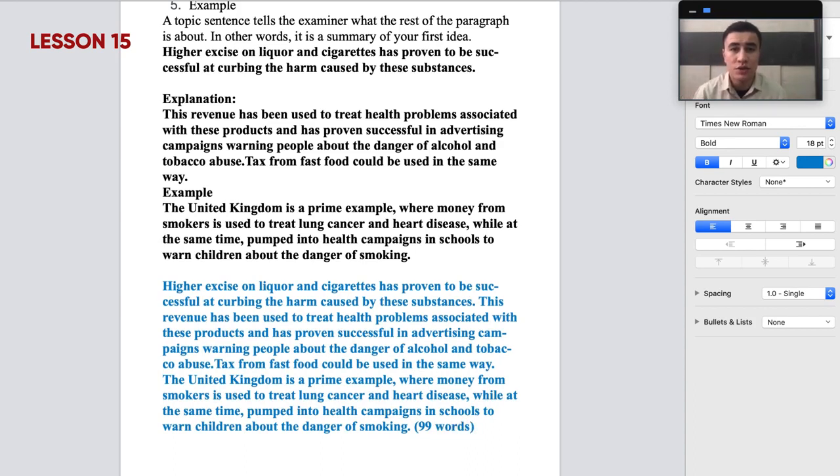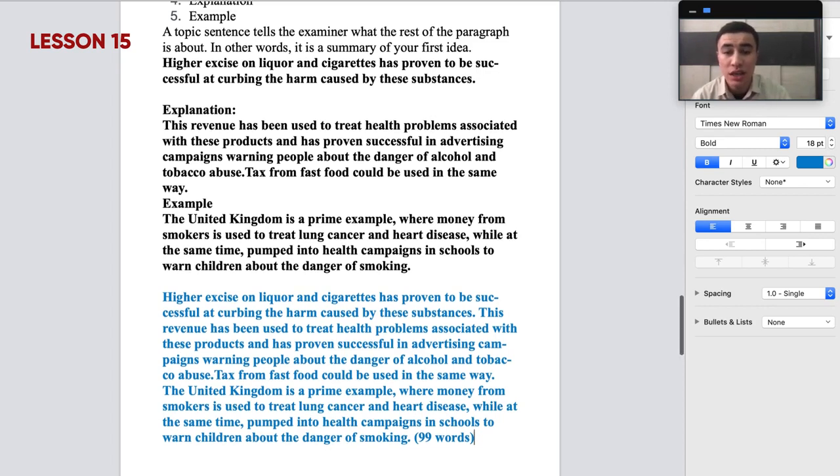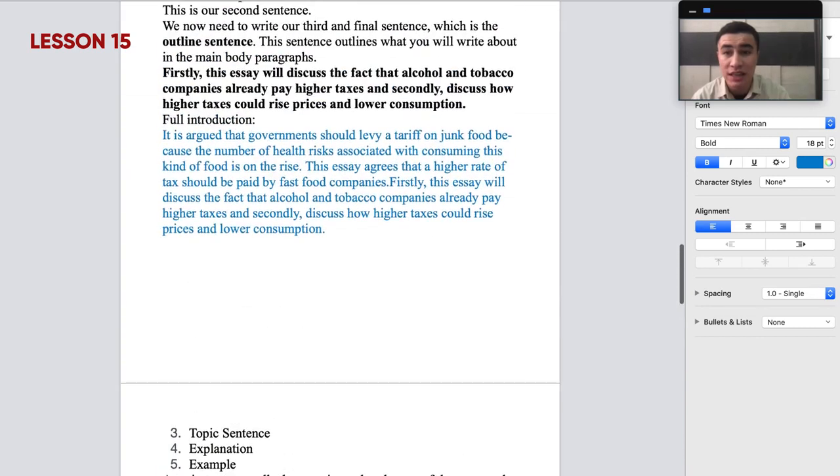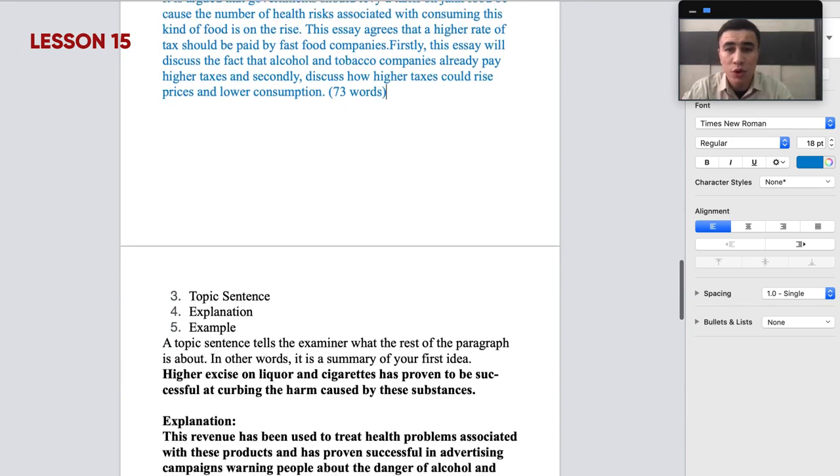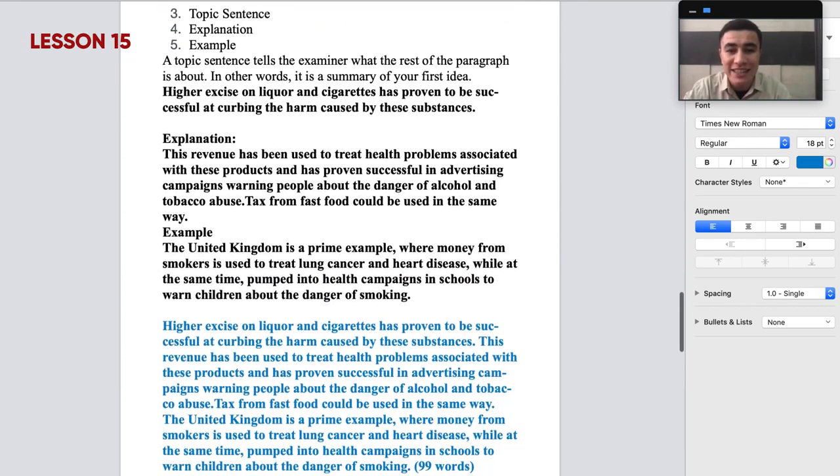As you remember, we should write at least 250 words, and we already have 99 words, and our introduction consists of 73 words. So more than 160 words already, and now we will move to the next paragraph of our essay.